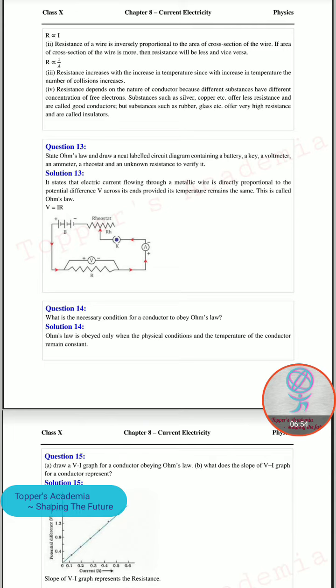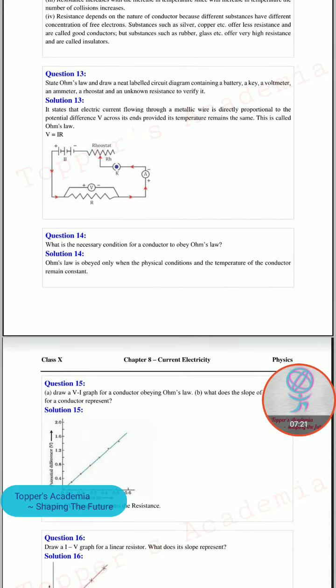The solution to this answer would be: it states that the electric current flowing through a metallic wire is directly proportional to the potential difference, that is capital V, across its ends, provided its temperature remains constant or the same. This is called Ohm's law. V is equal to IR, and you should also draw the circuit diagram to show it in order to fetch the full marks.